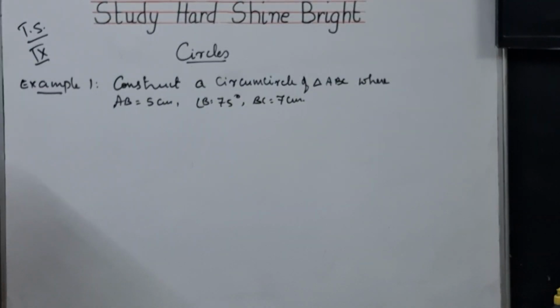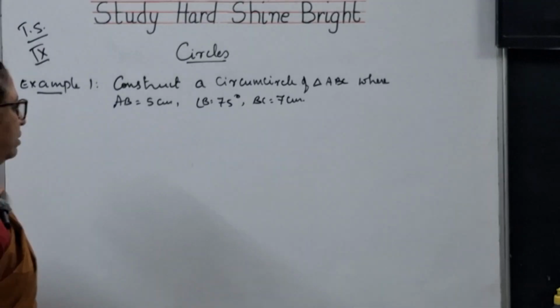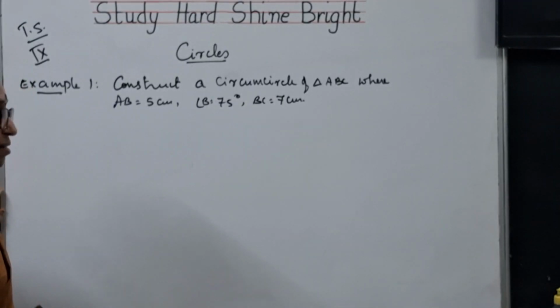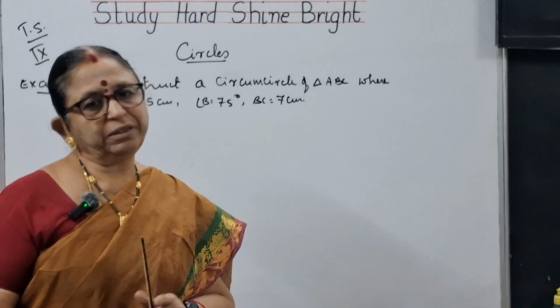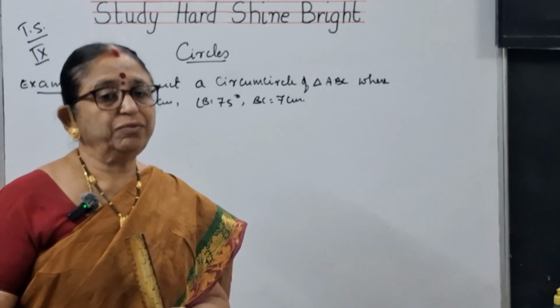Now, example 1, children. Construct a circumcircle of triangle ABC, where AB is 5 centimeters, angle B is 75 degrees, BC is 7 centimeters. So already you have done it in your previous class. Once again, an explanation for it. See, children, the measurements are different.